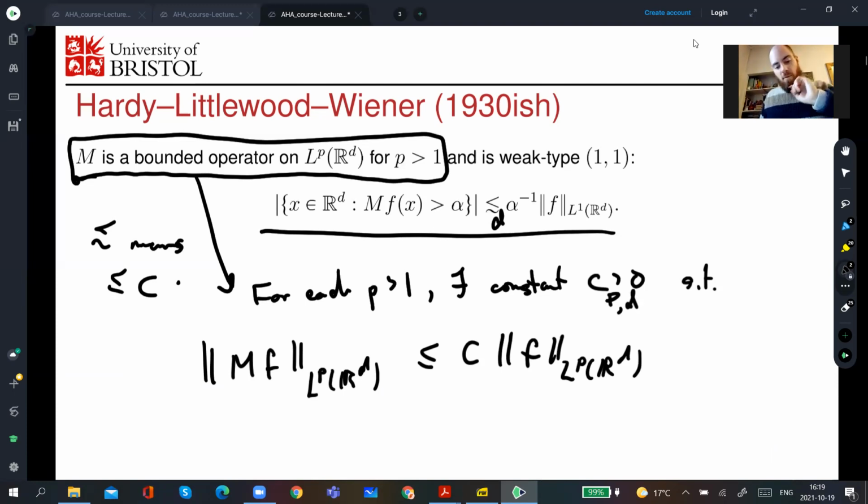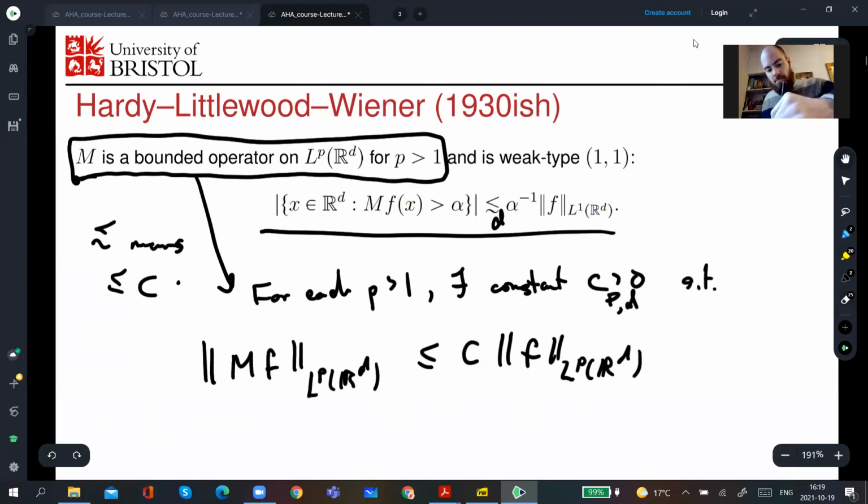And then weak type 1,1 again was just this other expression here. To break it down, this is a super level set. I'm looking at all the points where the maximal function is greater than some altitude alpha, for all positive alpha.